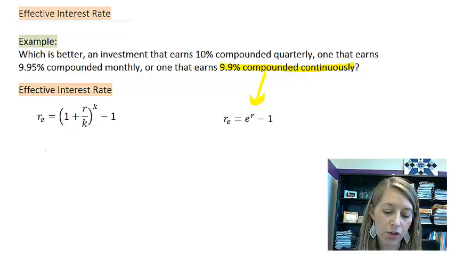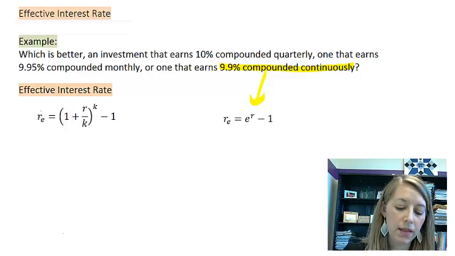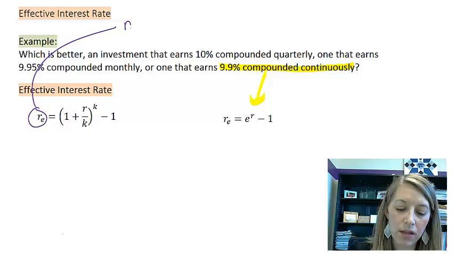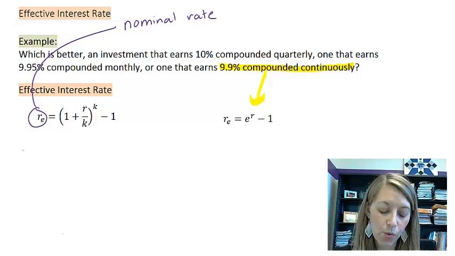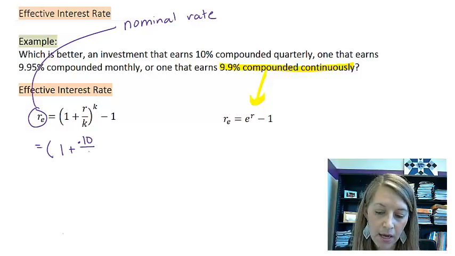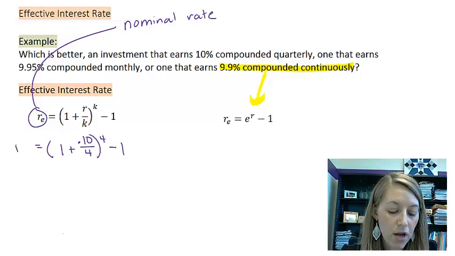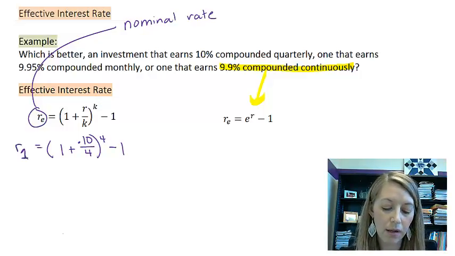So let's start with the first one. And this r stands for the nominal rate. In the first one, our nominal rate is 1 plus my rate, which was 10% compounded quarterly. So that's my nominal rate for my first example.